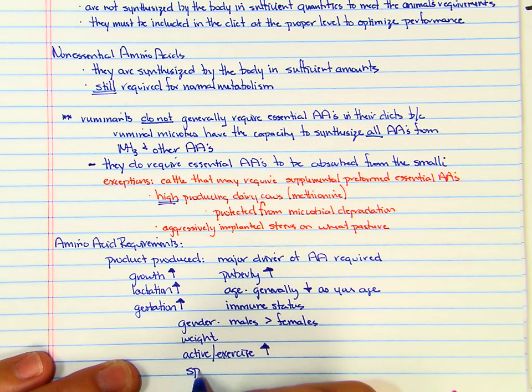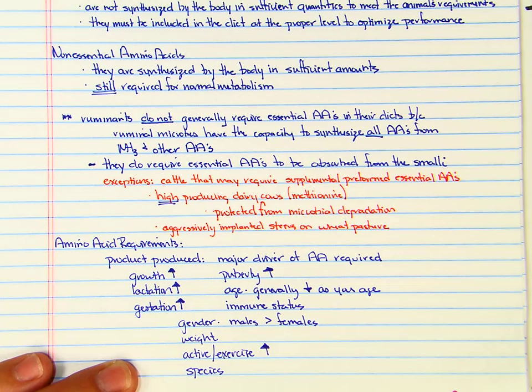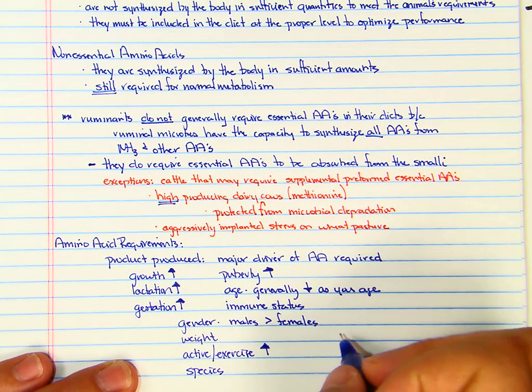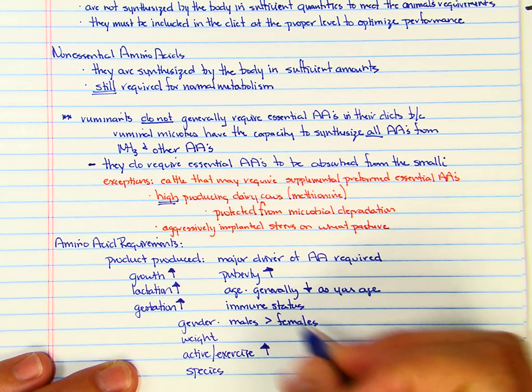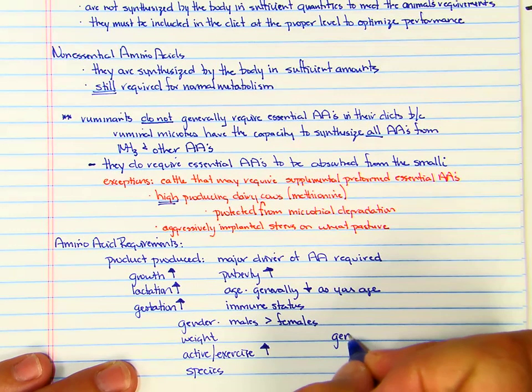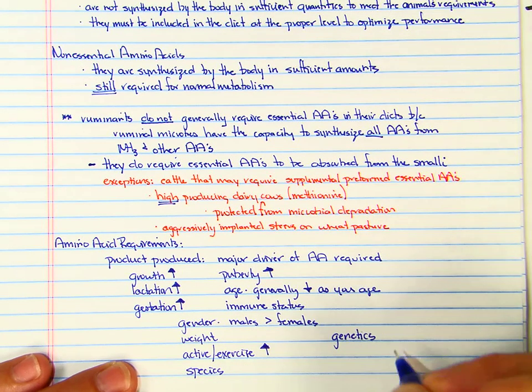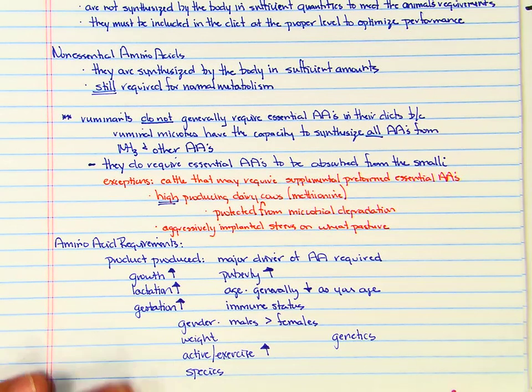Your species has an effect on amino acid requirements. And then the last thing we're going to put, which is related to all of these, is genetics. And your genetics dictate quite a bit regarding your amino acid requirements.